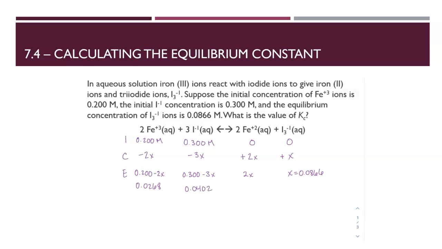Then my iron 2 ion is going to be 0.1732. My triiodide is going to be 0.0866. So it's just taking the value we're given in the question, because it tells us what the equilibrium concentration is. That happens to be x, and so we can plug that into the rest of our values.